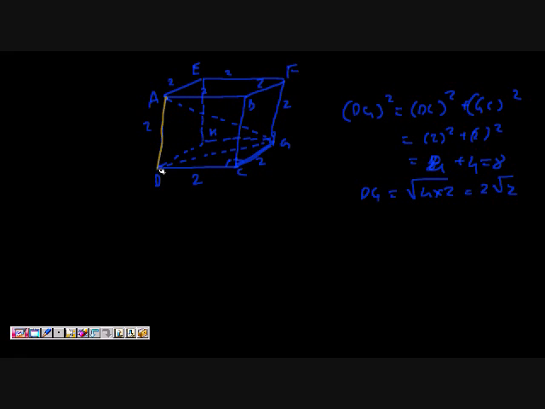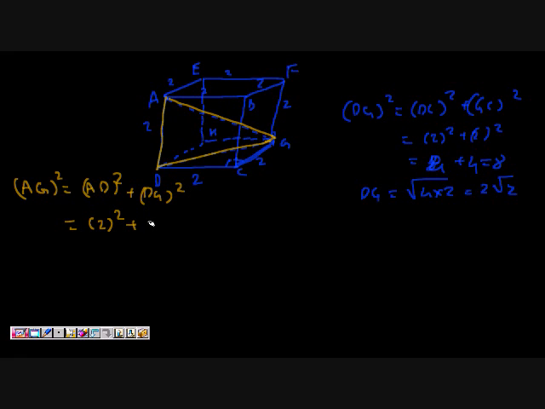So we know that AG square is equal to AD square plus DG square, where AD is 2 units, so 2 square, plus DG square, which we just calculated as 2 root 2 the whole square. So that's 4 plus 8, which is equal to 12. So AG is equal to square root of 4 multiplied by 3, which is 2 root 3.